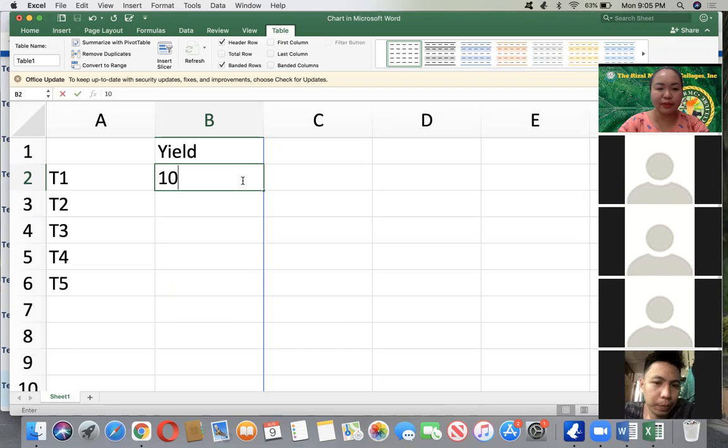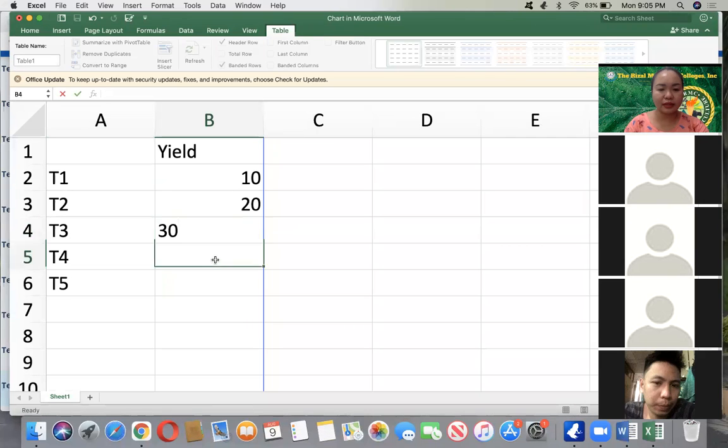So if I remember it right, our data earlier was 10, 20, 30, and this is 50 and 55.